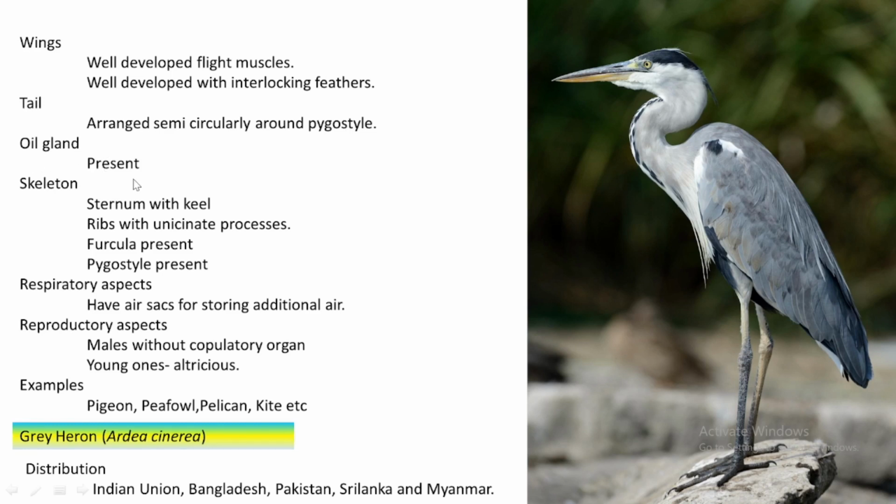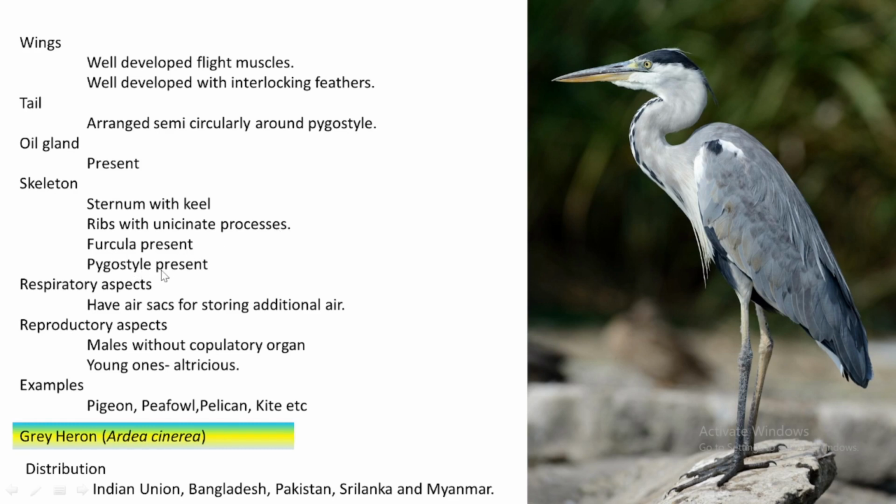Oil gland is present. Then skeleton related aspects: sternum is present with a keel. That means that bird is good in flight. Only birds better adapted for flying possess this keel. Then ribs are with uncinate processes, that also helps in flying.